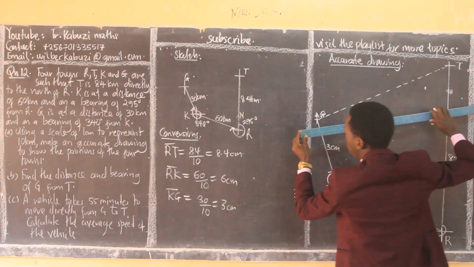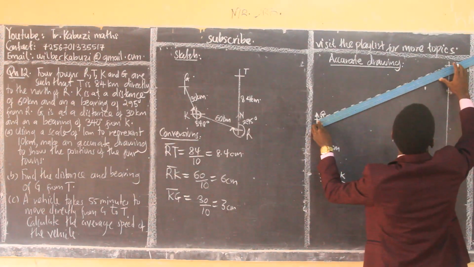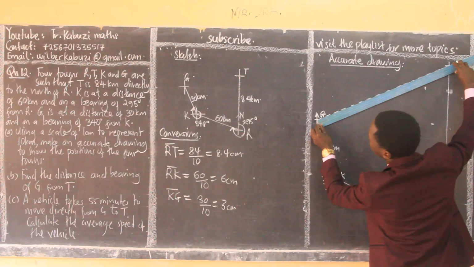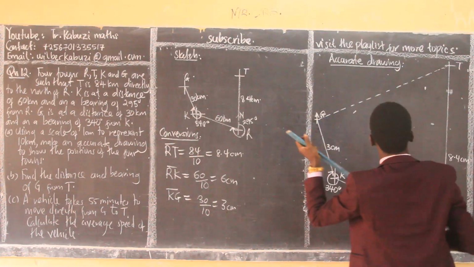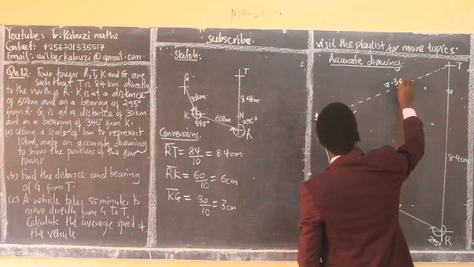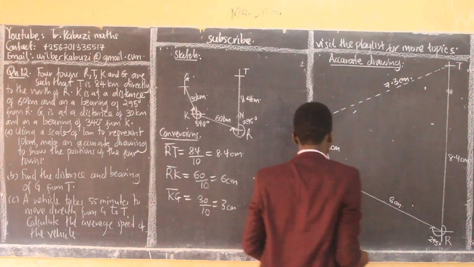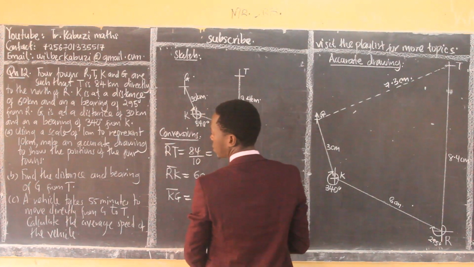And when I measure off how many I have there, I'm seeing that I'm having 7.3 centimeters. That is now my distance. So now my distance is 7.3.